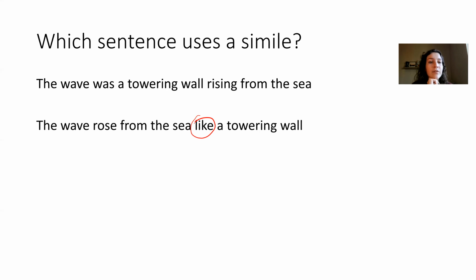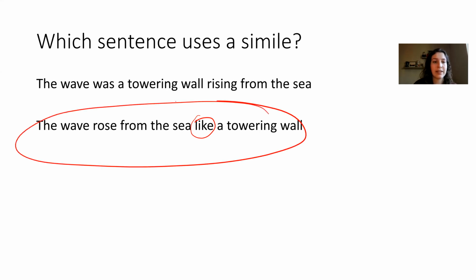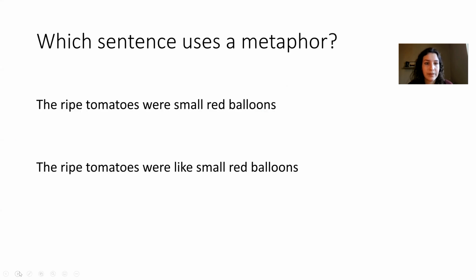The second one is our simile because of the use of like, whereas the first sentence states it as the wave was a towering wall, even though we know that it was not actually a towering wall.